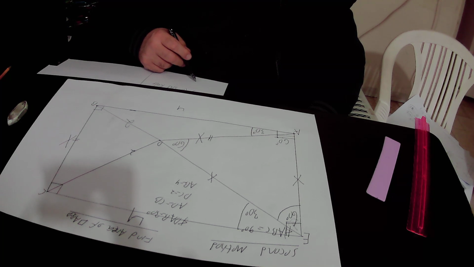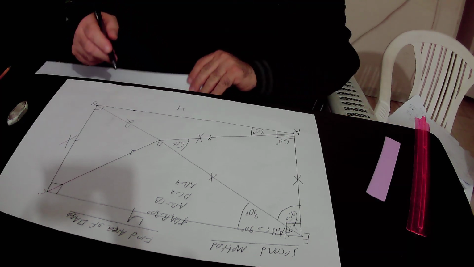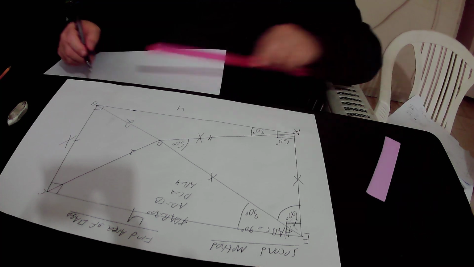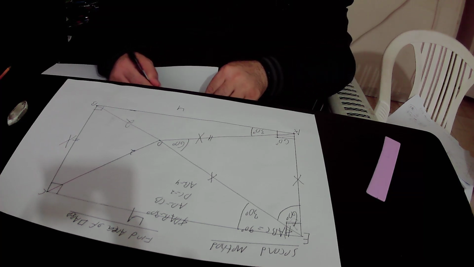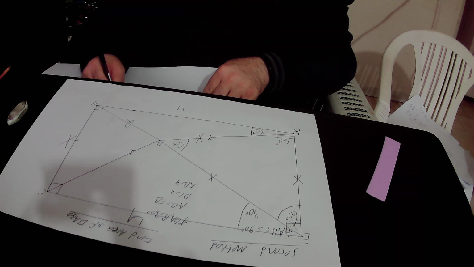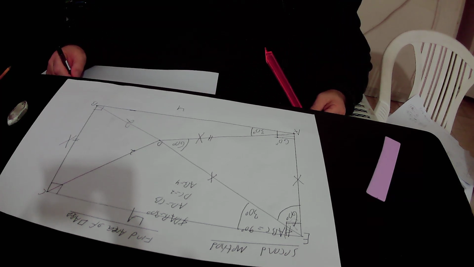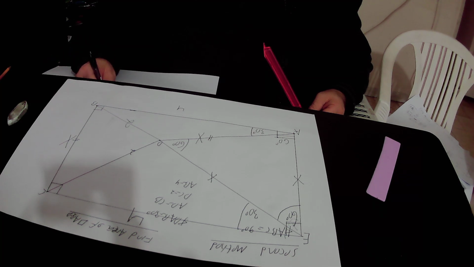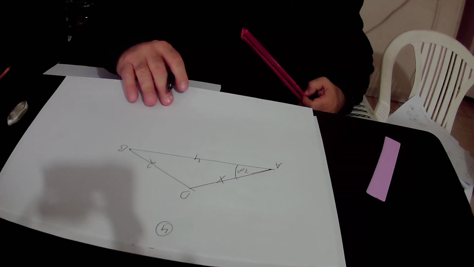So I will draw triangle ADB in a new page, and we will implement the law of cosines in triangle ADB. So I draw triangle ADB in a new page.